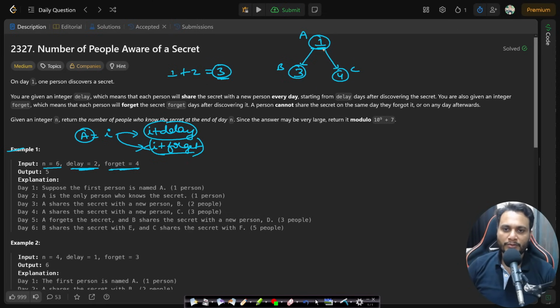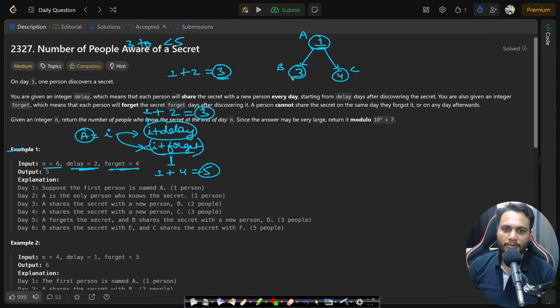If A came to know about the secret on day 1, then it will start sharing from 1 plus delay, that is day 3, and it will forget on 1 plus forget, which is day 5. So A will be sharing the secret from 3 to less than 5. So yes, A has shared with everybody he could have shared with.